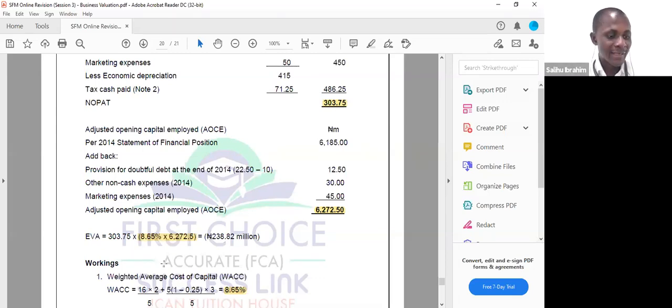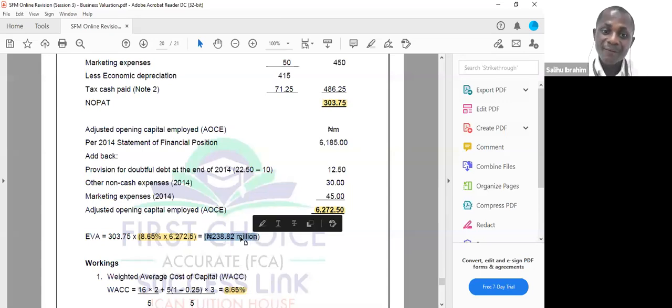Let's calculate it. 6272.5 times 0.0865. We consume 542. We consume the capital of 542 only for us to generate a profit of 303 million. Can you see that now? So that is why the company is destroying the value of shareholders. The worth of the shares is being reduced. Can you see that now?